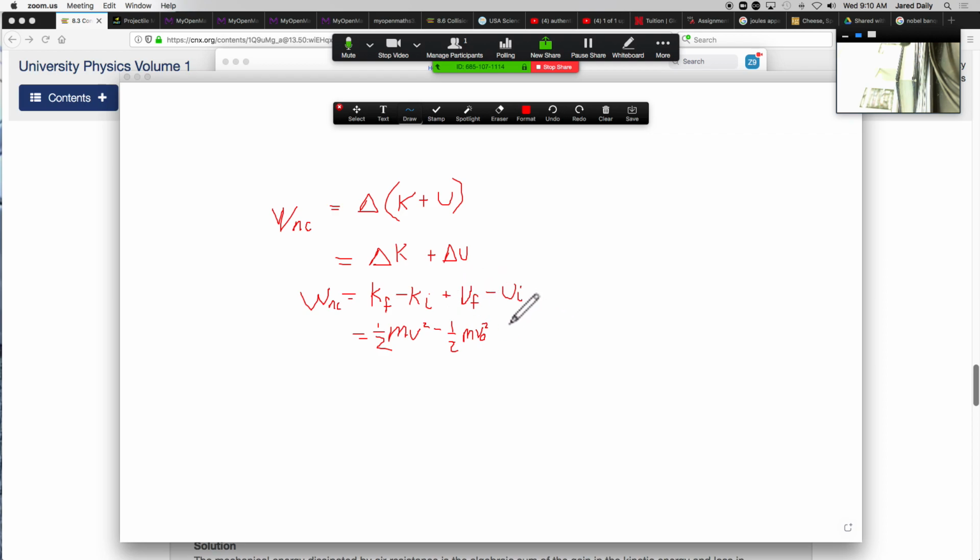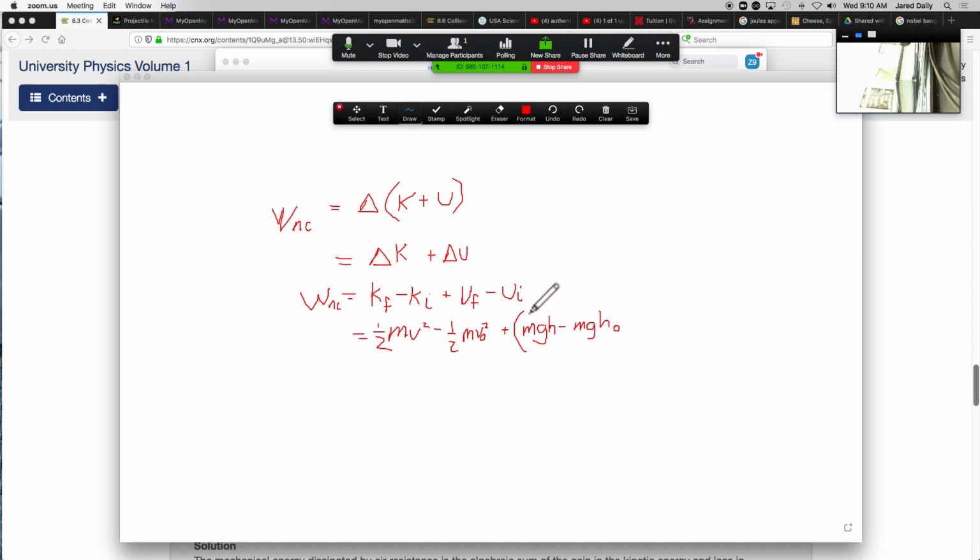And potential energies, we actually have a few different kinds of potential energies. We'll put these in parentheses. We possibly could have some gravitational potential energy. So our mass times gravity, which is the weight, and we multiply by our final height. And then we subtract off our mass times gravity times our initial height.